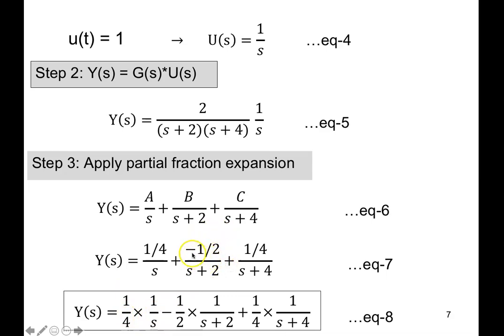I'm going to move minus 1 over 2 to the front of the second term as well. That becomes minus 1 over 2 times 1 over s plus 2. I'm going to move 1 over 4 to the front of the third term. That becomes 1 over 4 times 1 over s plus 4. Okay, and that gives me equation number 8.